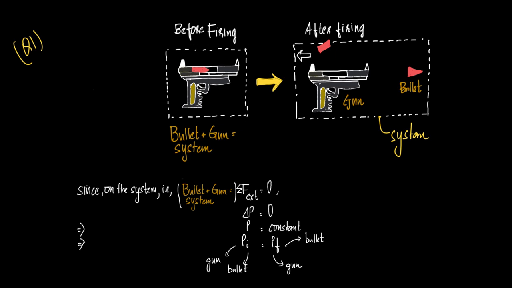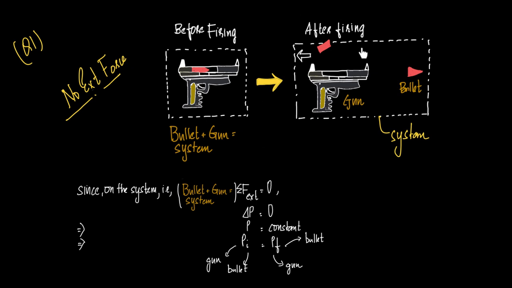If we assume this to be the system, we can say that there is no external force acting on it. All the forces causing the bullet to move come from the gun, actually due to the chemical reaction, but it is coming within the system and not due to any other external agent.